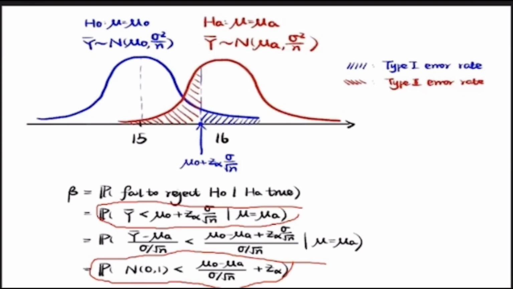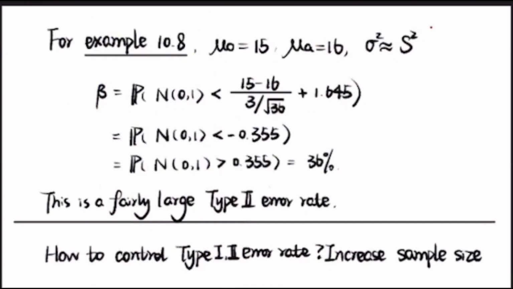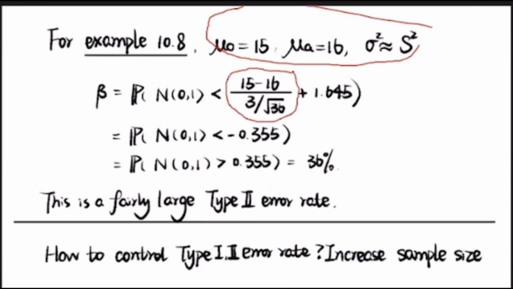Now, let us substitute based on what you're given, right? You'll be given the mu naught to be 15, the value under the null hypothesis. Mu A is 16, the value under the alternative. All you just need to do is to plug them in. Okay? 15 minus 16.